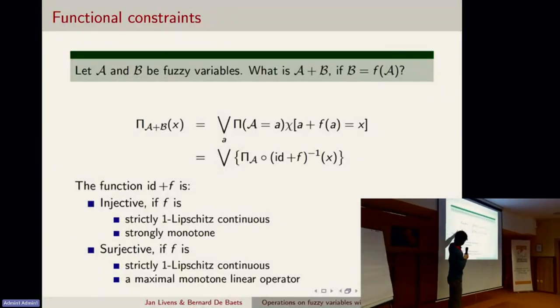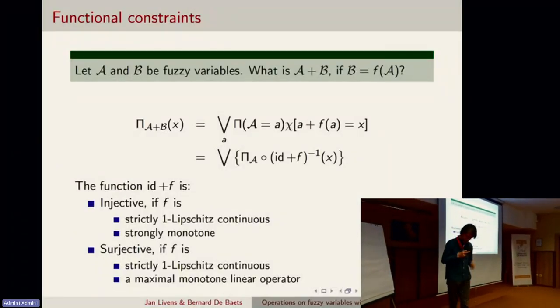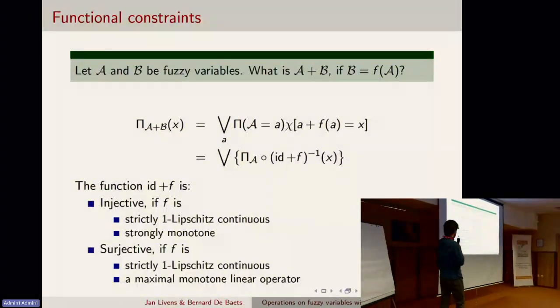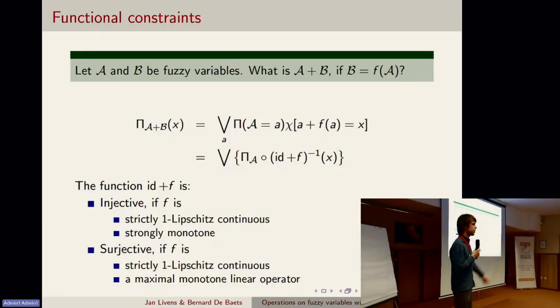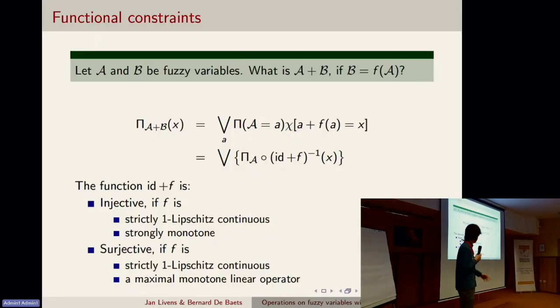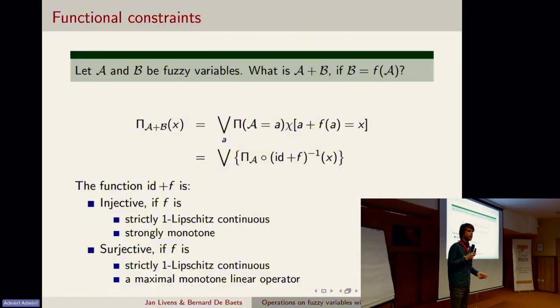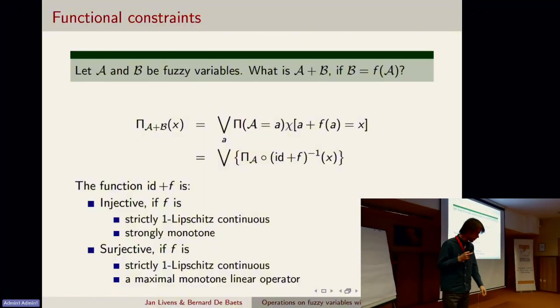If you look at the possibility distribution of these two variables, we get the following formula. The key of this condition on the right side will be the evaluation of this logical condition, so it will be either 0 or 1, whether this is true or false.